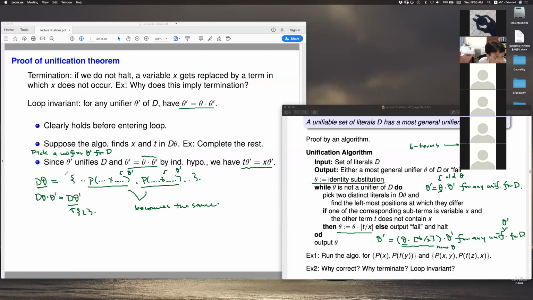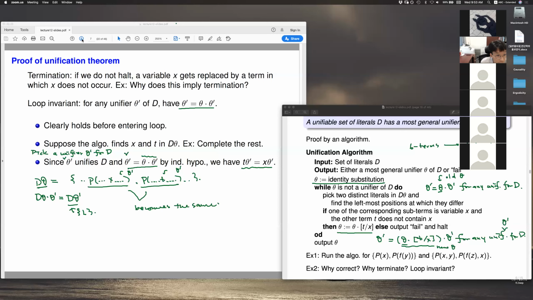Just to say it again, our theta prime is a unifier for D, and theta prime and theta satisfy this relationship. If we combine these two facts together, that means t, the term, and the variable x selected by the algorithm should map to the same thing by theta prime.